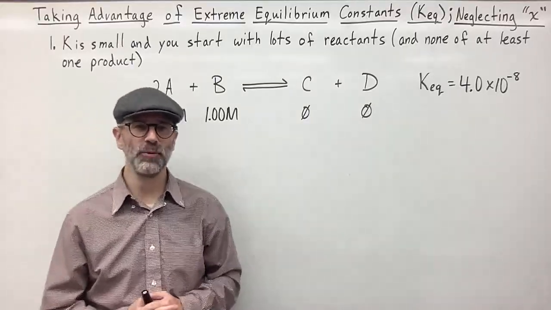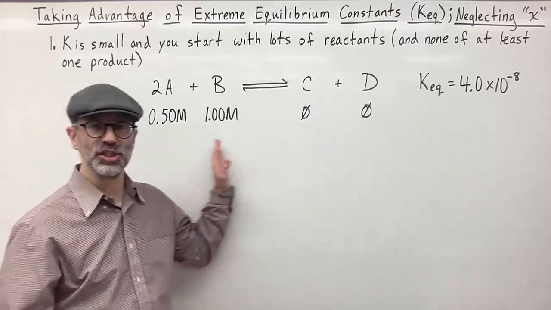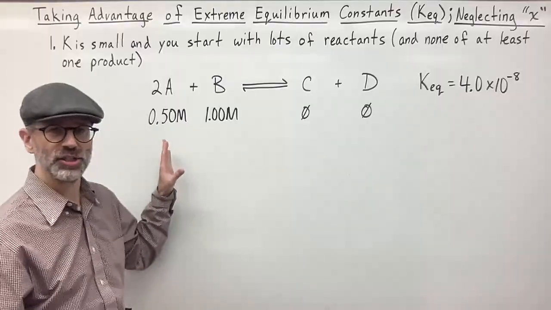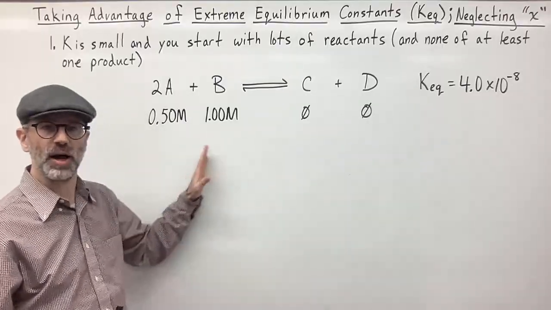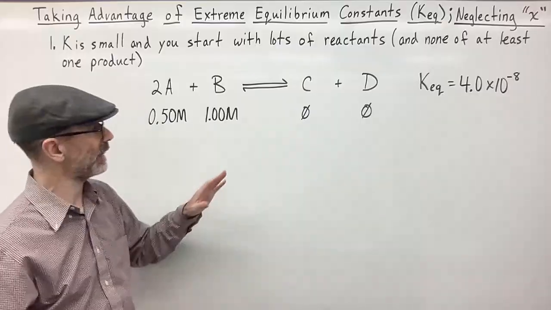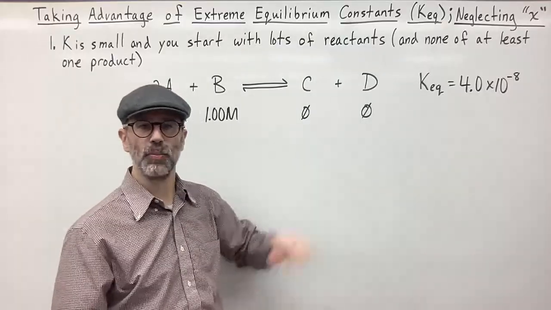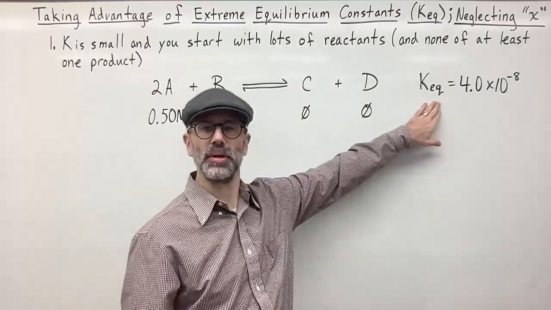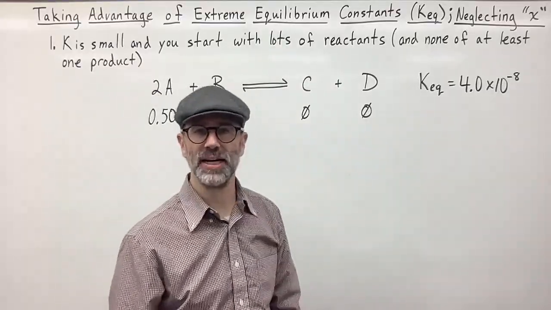Okay, so here we have a generic equation in equilibrium, and we're going to start with some concentration of our reactants, and then we have zero product. In this case, we're given an equilibrium constant of 4.0 times 10 to the negative 8.